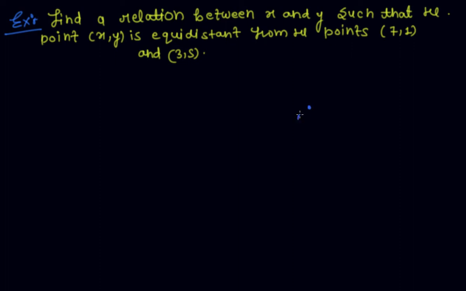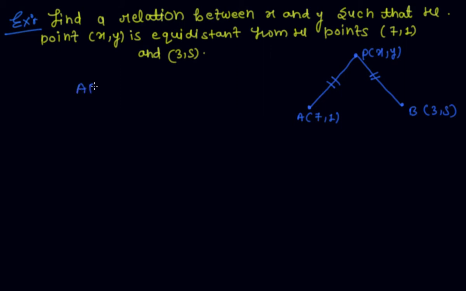So the first point is A, which is (7, 1), the second point is B, which is (3, 5), and the unknown point is P, whose coordinates are (x, y). In the problem it is given that P is at equal distance from points A and B, so these distances are equal.